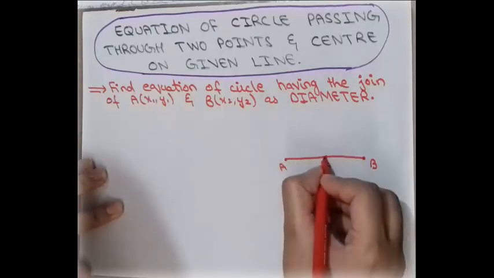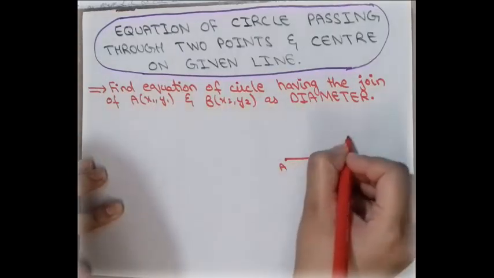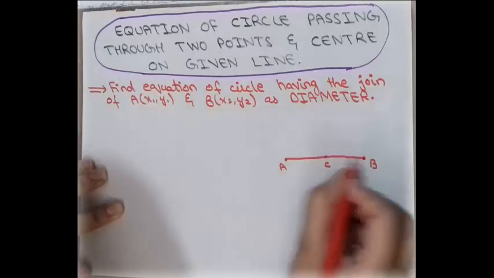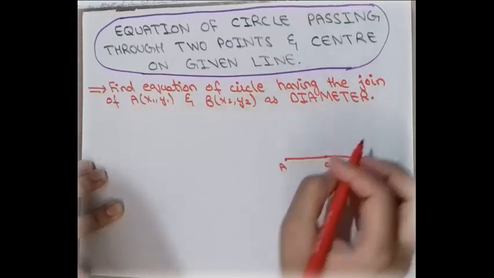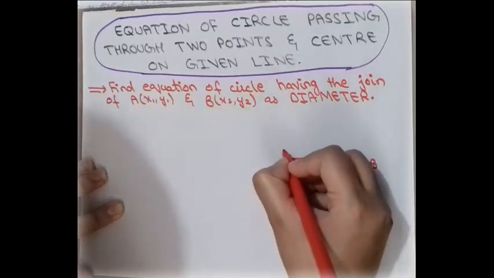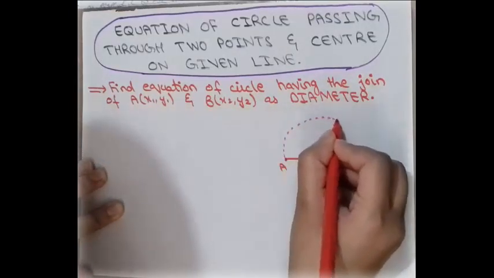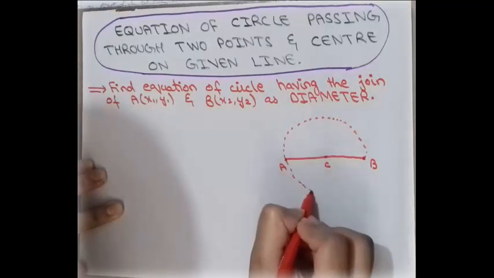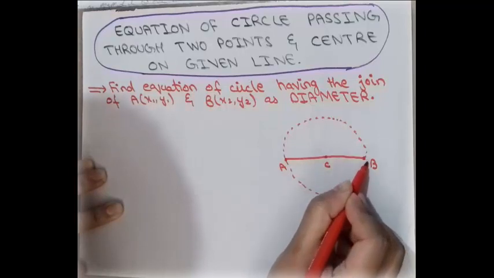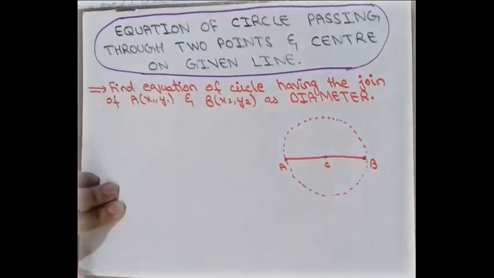Means if we take this length to all the points around these 2 points, they form a circle around the 2 points. So if we draw a circle on it, the points A and B are the diameter of the circle.